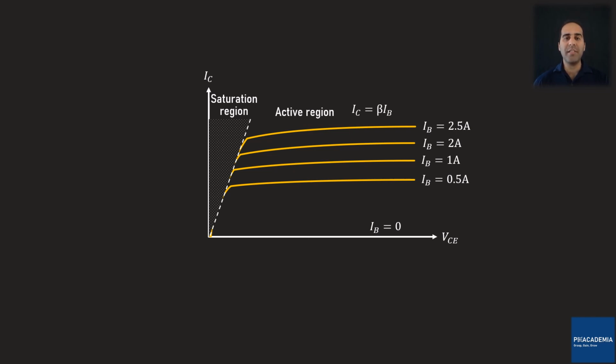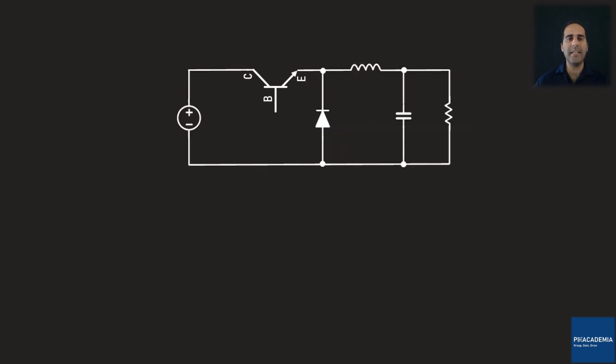In power electronics, BJTs are not normally used as a power switch for a very obvious reason. Let's say we have a buck converter that its power switch is a BJT. Imagine the DC current through the inductor is 50 ampere. Normally, power BJTs are required to withstand larger voltages over collector and emitter.